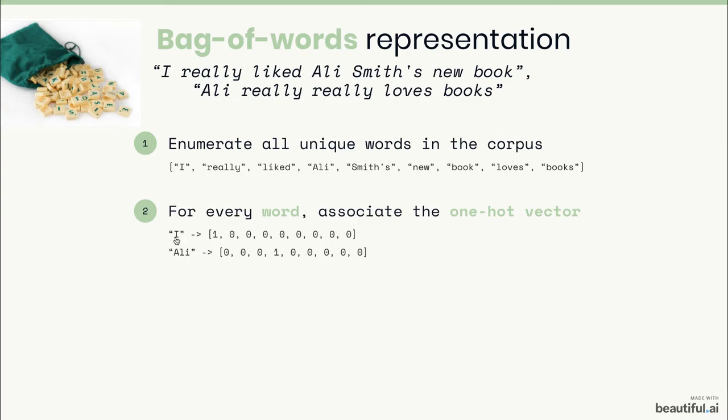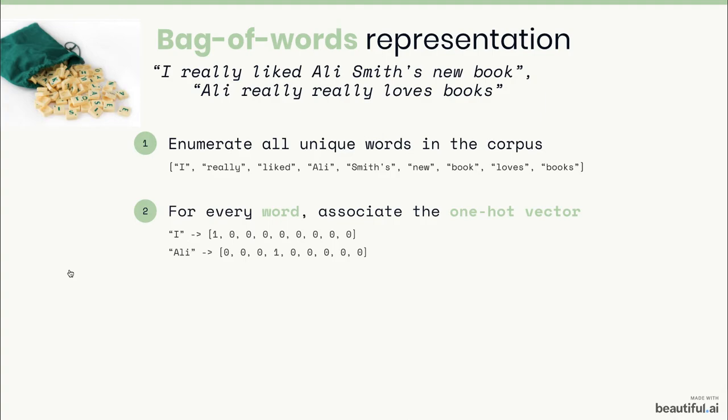The word I, for instance, corresponds to the first spot in the vocabulary, so we put a 1 there. And Ali corresponds to the fourth place in the vocabulary, so we put a 1 there. It's called one hot because there's one position in this vector which is hot, or which is 1. That's where the name comes from.